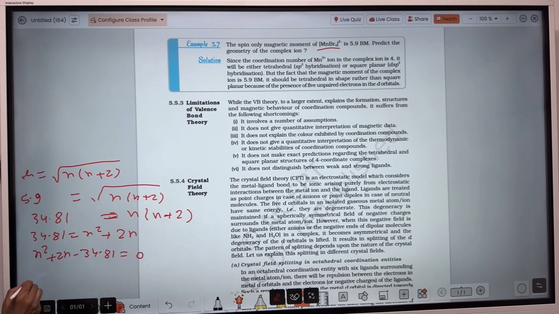The formula you know: n equals minus b plus or minus root under b square minus 4ac upon 2a. That formula you know already.